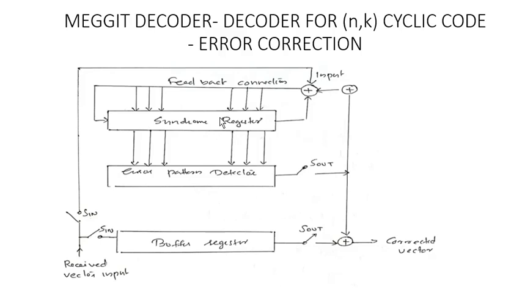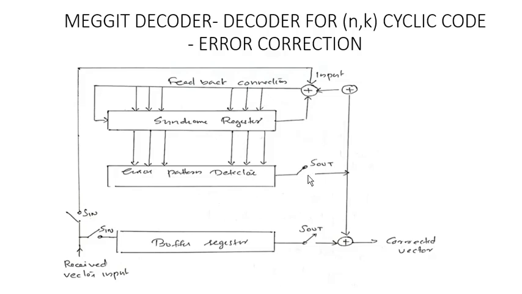The syndrome register is used to calculate the syndrome vector. If the syndrome is 0 there is no error, and if the syndrome is not equal to 0 there is an error. The error pattern detector output will be 1 if there is an error.